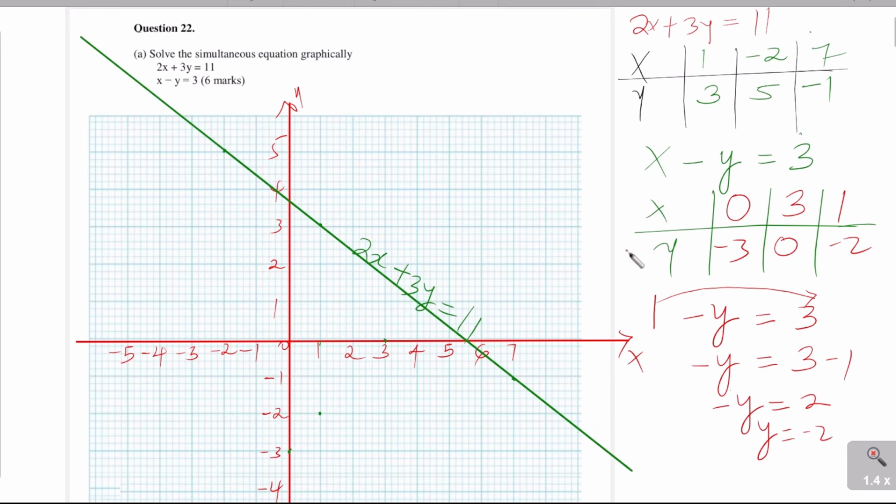So 0, -3 is here, 3, 0 is here, and 1, -2 is there. So the 3 points are here.